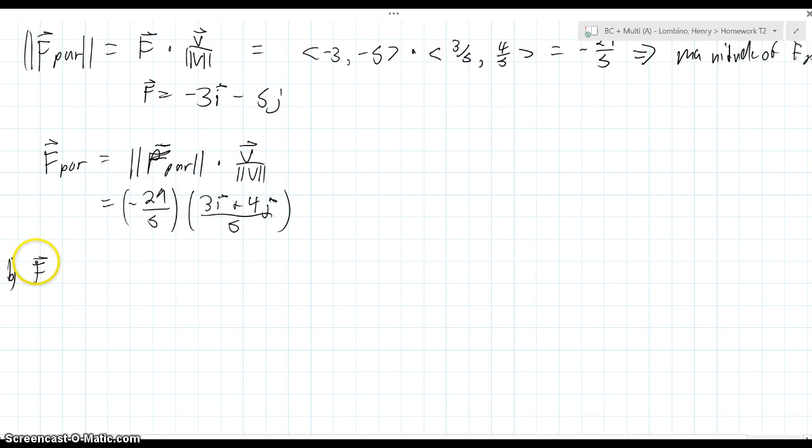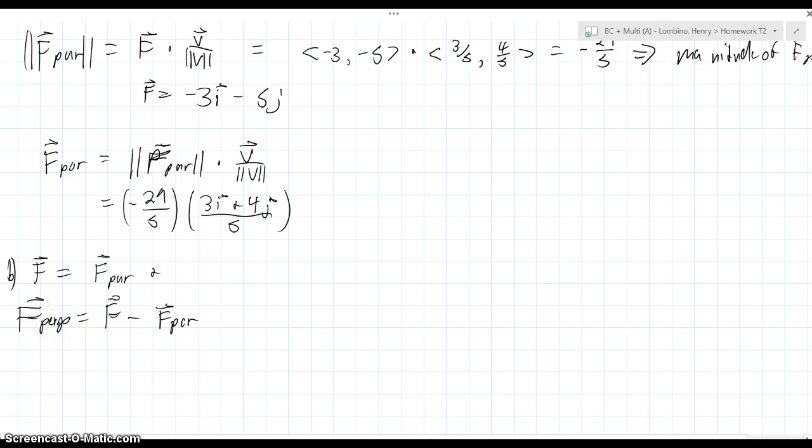If vector f equals vector f par plus vector f perp, we can solve for f perp, so f perpendicular equals just vector f minus vector f par.